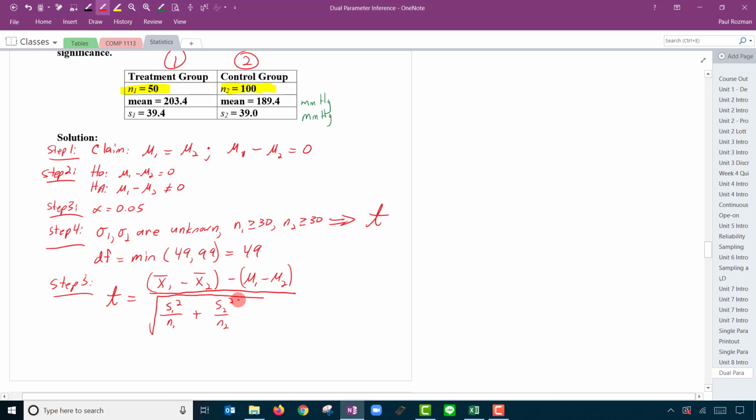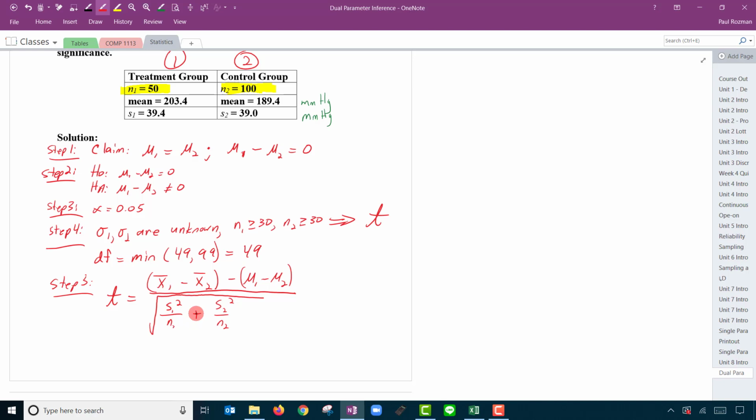If we could assume that the two populations had equal variance, this formula changes a little bit. We can actually pool our s's together, kind of like we did when we had proportions. But let's not deal with that case, because this is a more general case.